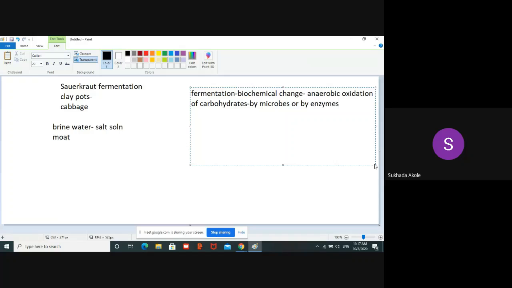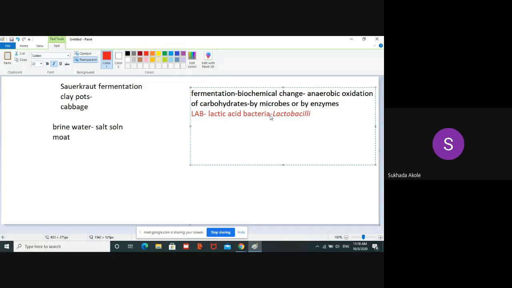In the case of sauerkraut fermentation, this is accompanied by LAB, which is lactic acid bacteria, primarily the genus Lactobacilli.